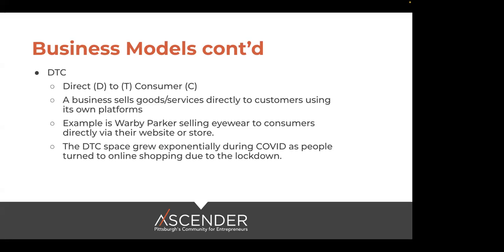And the D2C space grew exponentially during COVID as people turned to online shopping due to the lockdown. There have been definitely some market shifts since COVID. There were amazing D2C companies that shut their doors because they got into a bit of a bubble situation. One example is Wink. I think they might still be around, but they're a direct-to-consumer wine company.